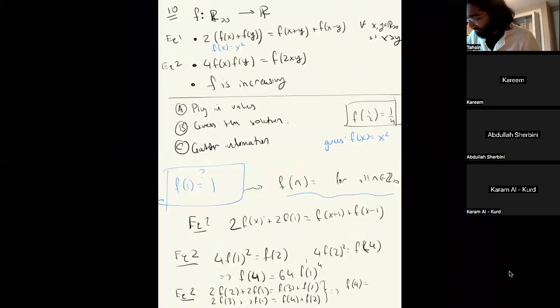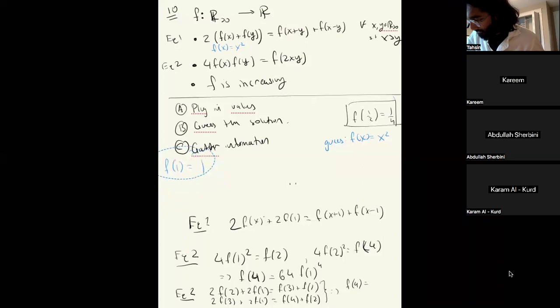So the idea here is, what I want is this from equation 2.